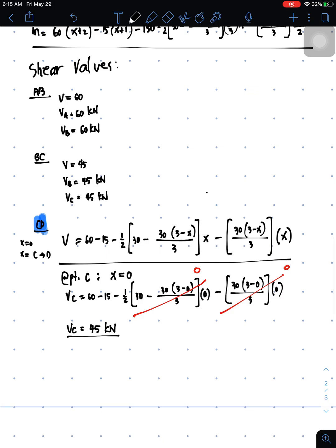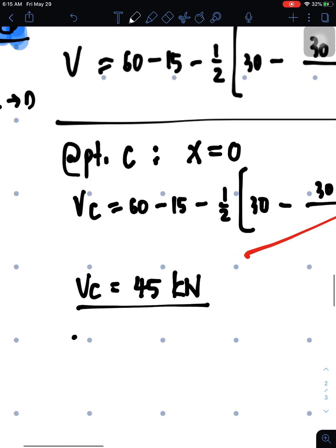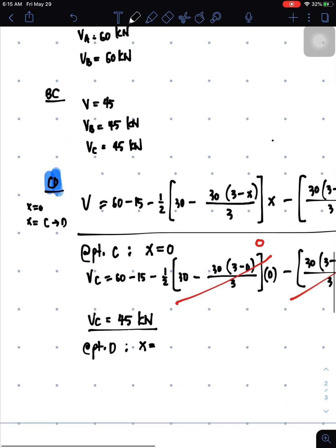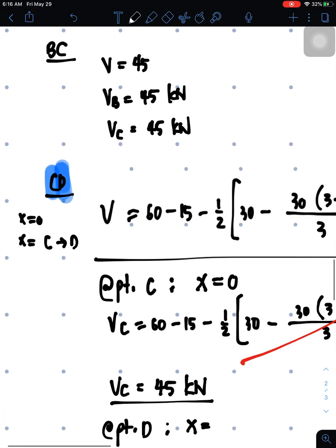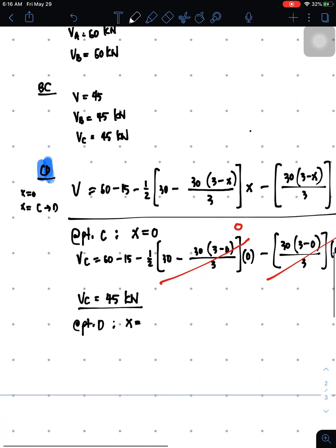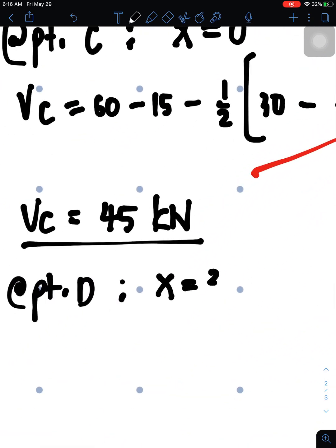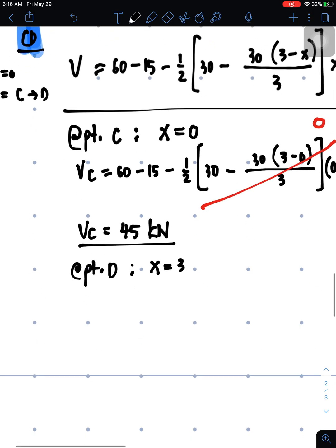Next, we are now at point D, and it is the second letter in segment CD, so the distance between C to D, that's 3 meters. So x is 3.